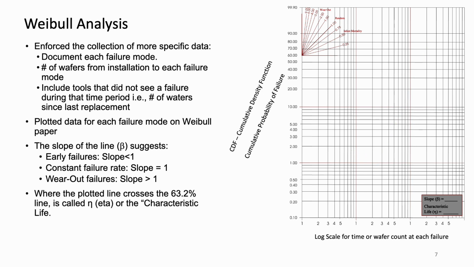There's also a significant item shown here. It's the point where the plotted line crosses the 63.2% line, called the eta, or characteristic life.